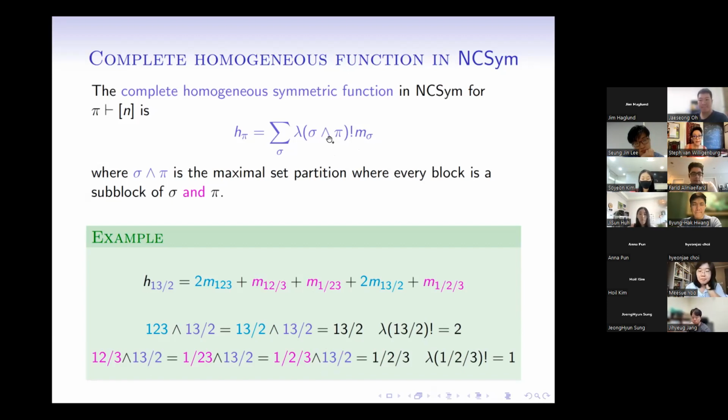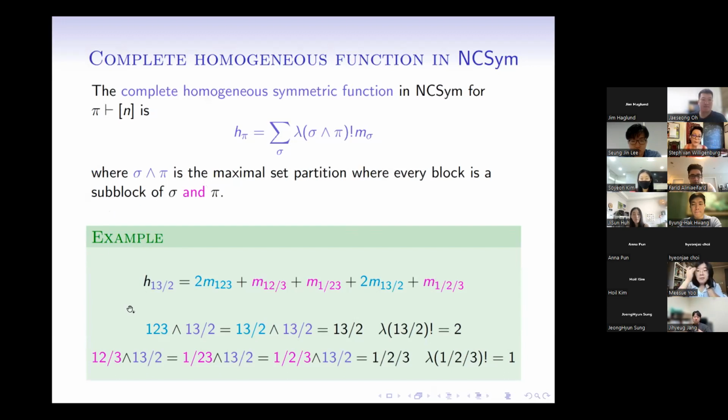Well, the first thing you need to do is, if you've got sigma and you've got pi, then you need to find their intersection. And this is going to be the maximal set partition, where every block is both a subblock of sigma and a subblock of pi. So probably the best thing to do is to do an example.